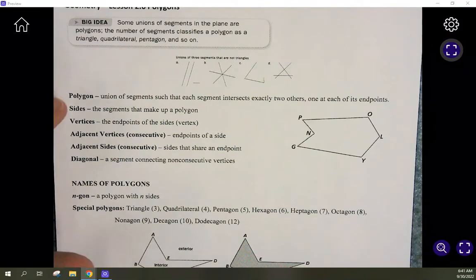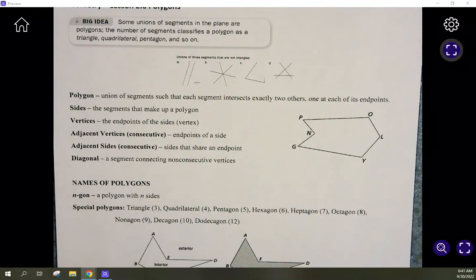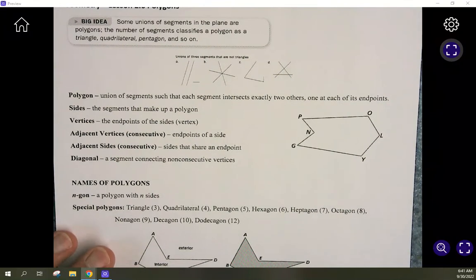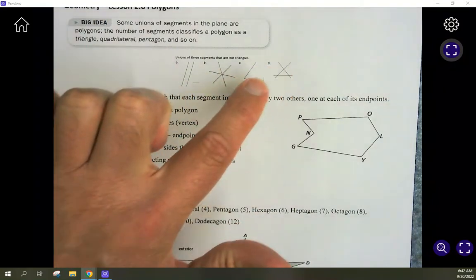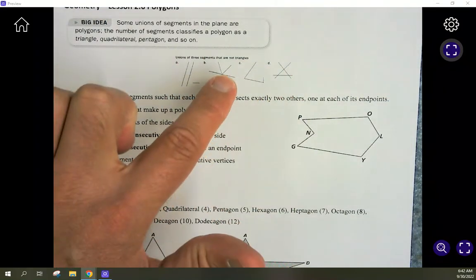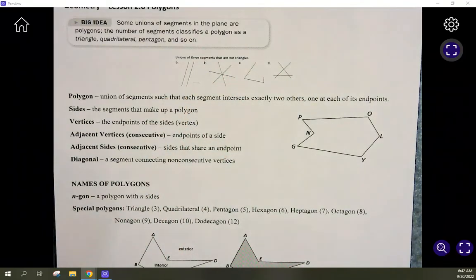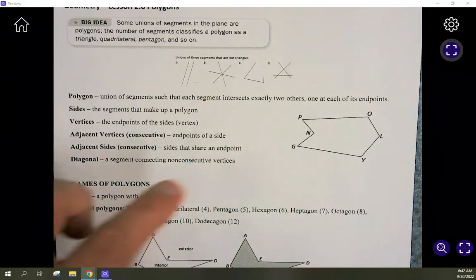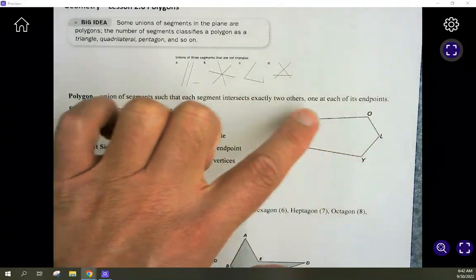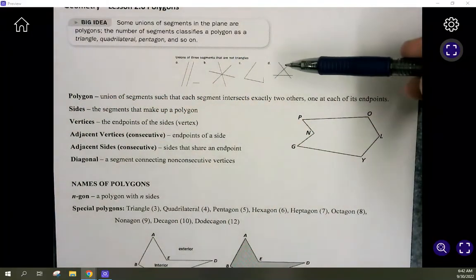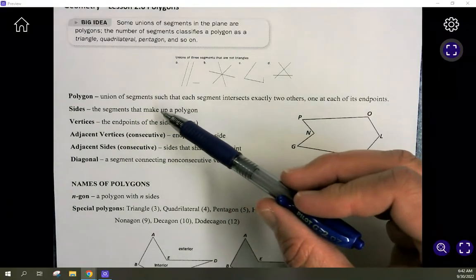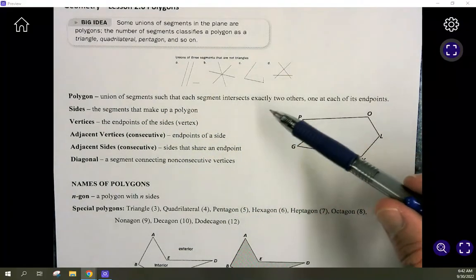So what are we looking for here? So, the definition of a polygon: it's the union of segments such that each segment intersects exactly two others. Okay, so far, with this definition, B and D would be considered polygons, and obviously they're not. And then here's the key point: one at each of its endpoints. So if we look at letter D, that's a union of segments, and each segment intersects exactly two others.